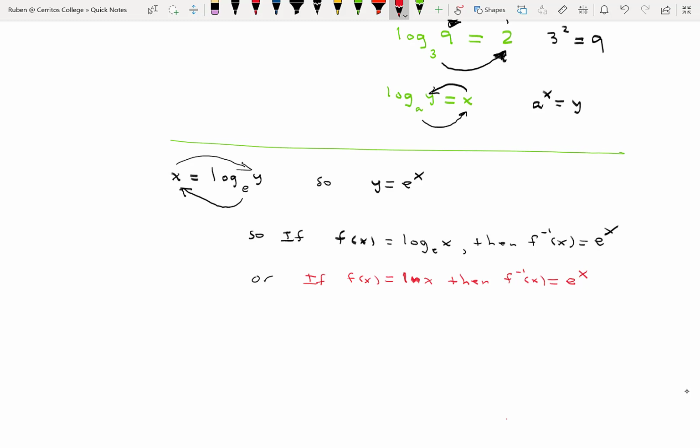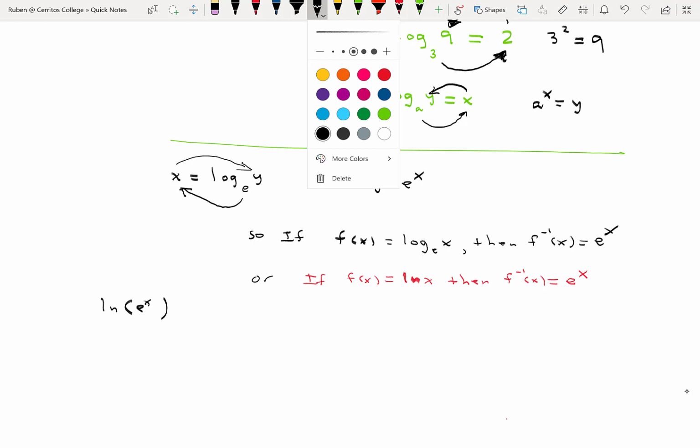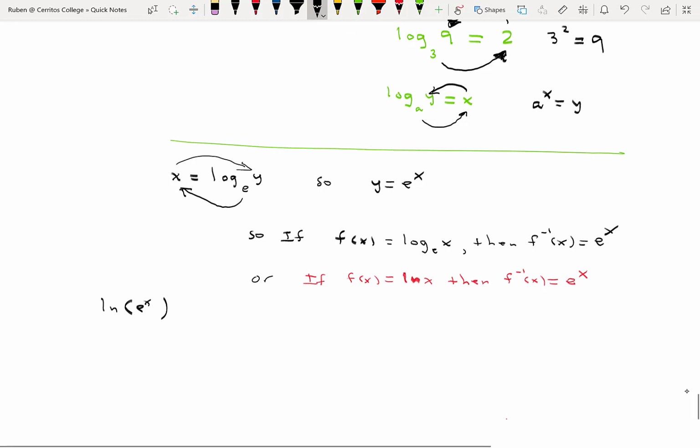So with that in mind, let's take a look at a couple of properties that should be satisfied by the function e to the x. Think about this: what is the natural log of e to the x?